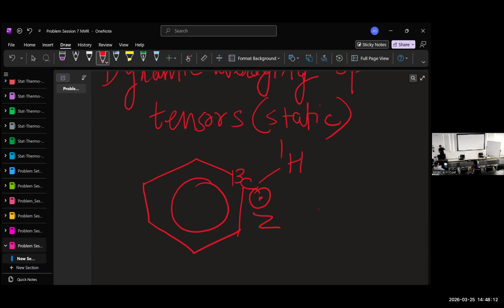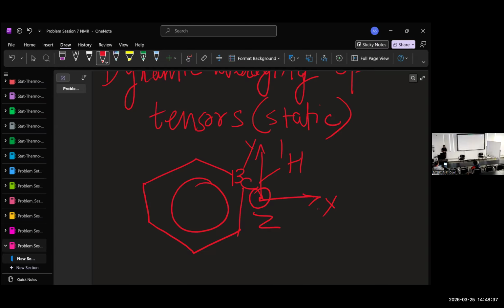Does it matter where? Does it matter along CH, or at an angle to CH? If the tensor is uniaxial, no, it does not matter. So for the special case that it is uniaxial, which it is far from, I can assume that this is my x-axis, this is the y-axis.